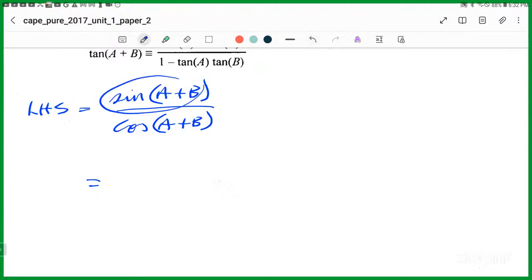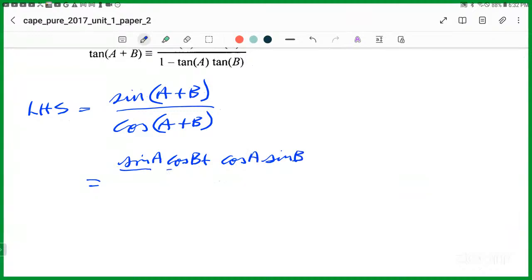So the numerator becomes sin A cos B plus cos A sin B. The expansion of cos is cos cos, sine sine.